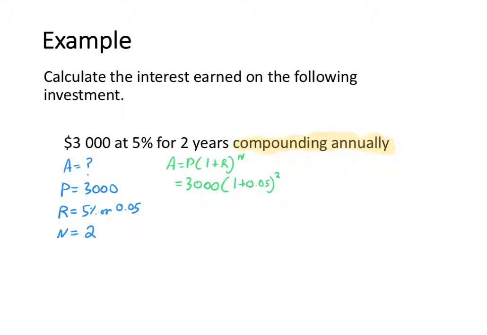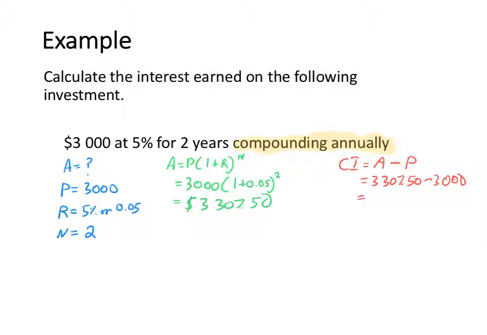So putting that into my calculator, I know that my future amount is going to be $3,307.50. So now that I've done the first step and calculated the future amount, the second step is to calculate the interest component. So the compound interest is going to be that future value minus the original principal. So $3,307.50 minus $3,000.